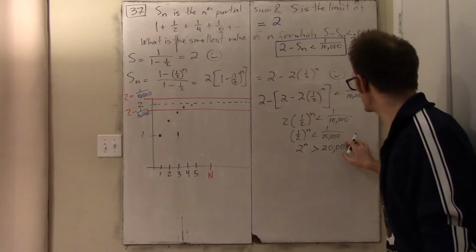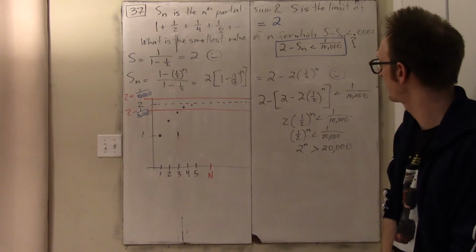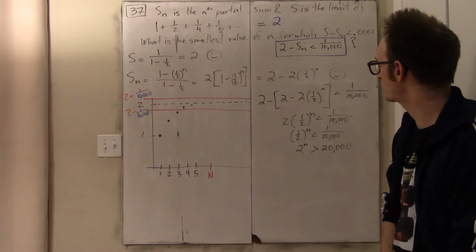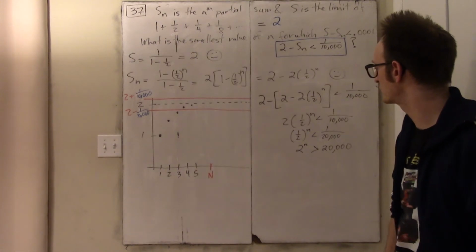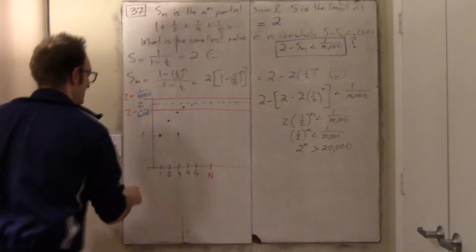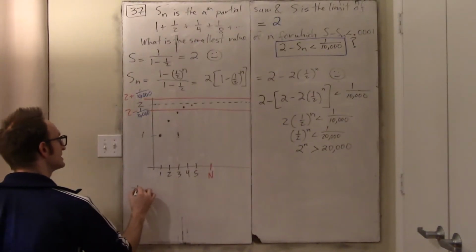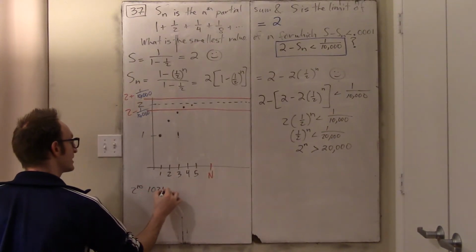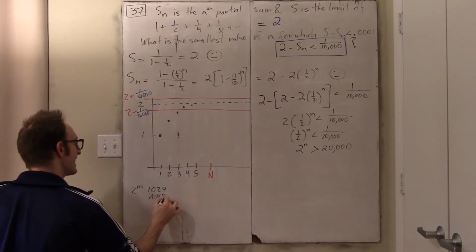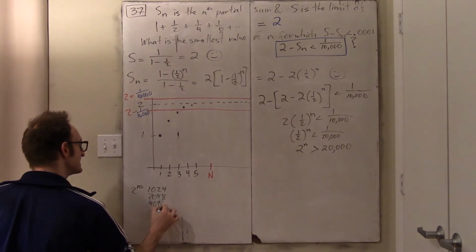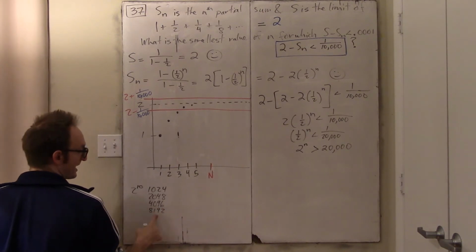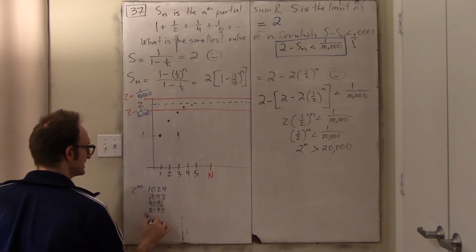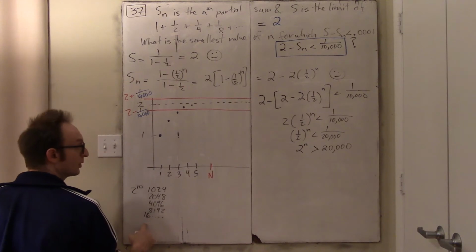Now I just need to know my powers of 2. I'm not sure I can get all the way up to 20,000. What do I know? I know that 2 to the 10th is 1,024, and then there's 2048, and then 4,096, and then 8,192. The next one is going to be 16 something, and then the next one will go over.